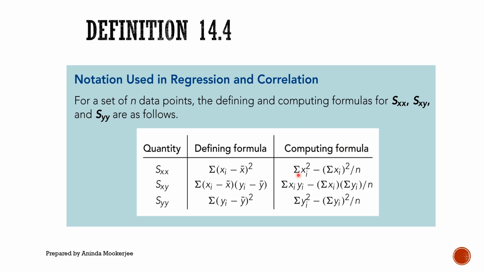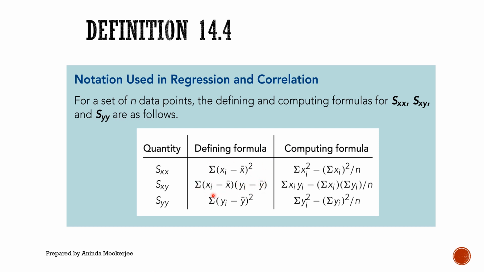So if we have a large data set, then we are better off using the computing formula because we can find the calculation far more quickly than with the defining formula. All right, what is S sub xy? S sub xy, as you will note, is the joint variation between the x and the y values.